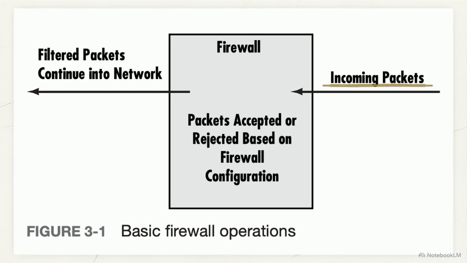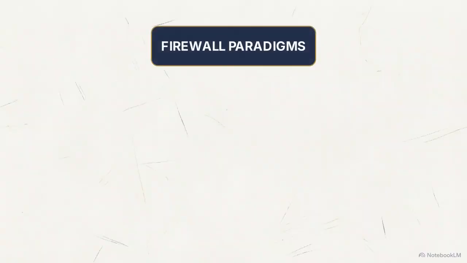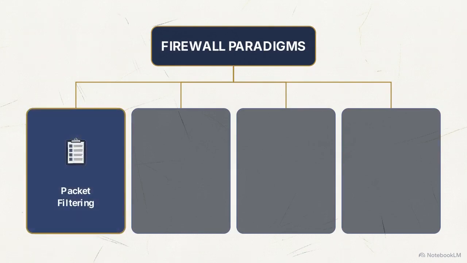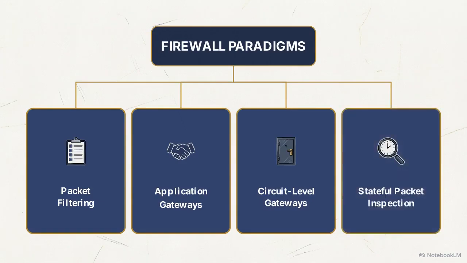A firewall actively evaluates incoming packets against a predefined configuration, determining exactly what traffic is accepted into the network and what is rejected. But firewall is an umbrella term. In practice, network architects must choose between four distinct paradigms: packet filtering, application gateways, circuit-level gateways, and stateful packet inspection.